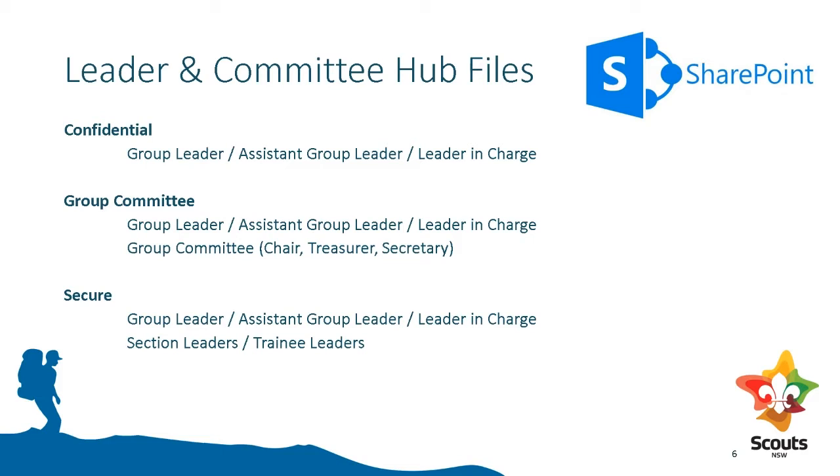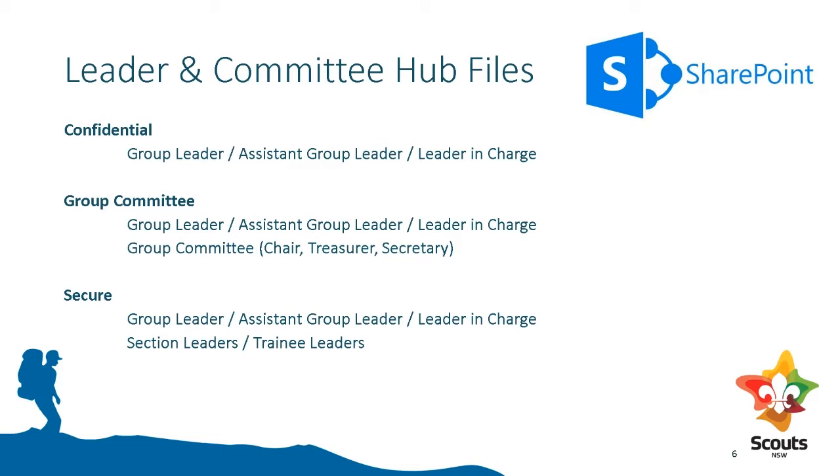There are 3 areas that you will see when your Leader and Committee hub gets released, to be able to store files. The confidential folder, we are suggesting that files that only the group leader should have access to should be stored there. So the confidential folder, as per Scout Link, will be associated with the group leader, assistant group leader, or leader in charge.